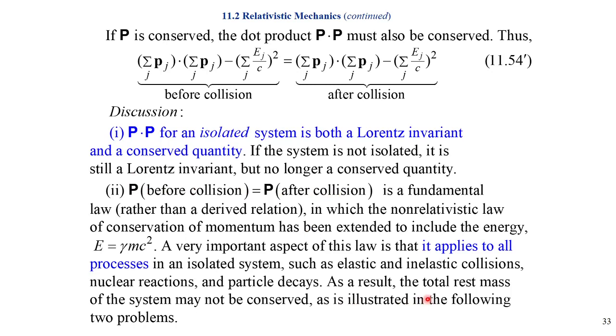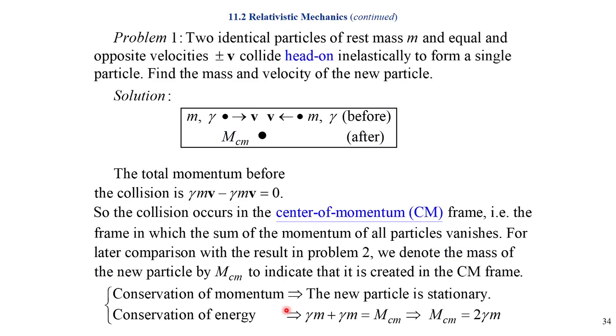As a result, the total rest mass of the system may not be conserved, as is illustrated in the following two problems. So we will show you this one is a conserved quantity, but the total rest mass of the system may not be conserved. And P dot P is correct. It's invariant. Okay? Let me show you two problems. First, problem 1.